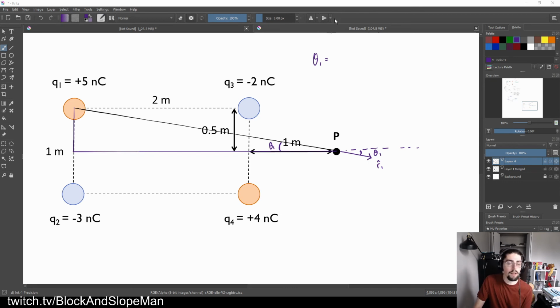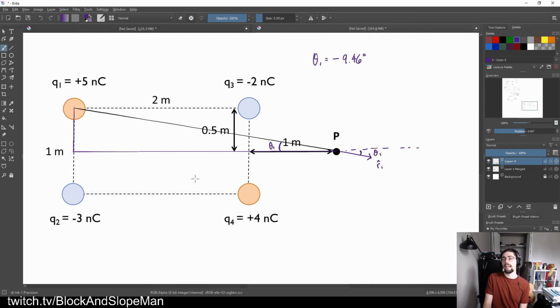So now it would be 9.46. However, from the positive x-axis, I went clockwise. And since I went clockwise, remember, anytime we go clockwise, that's a negative.